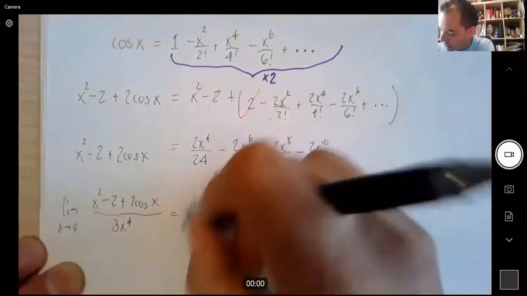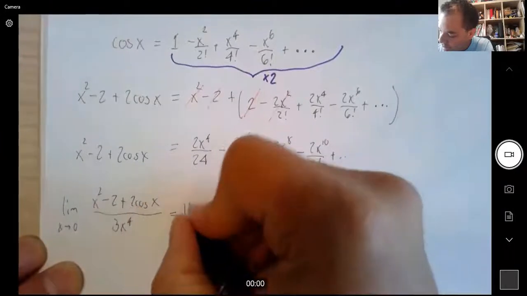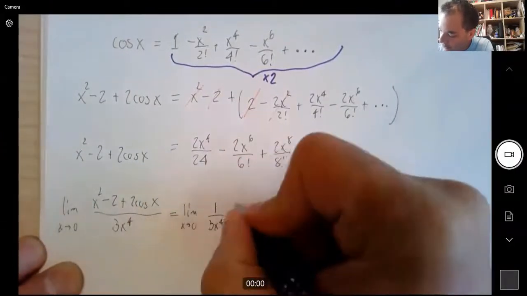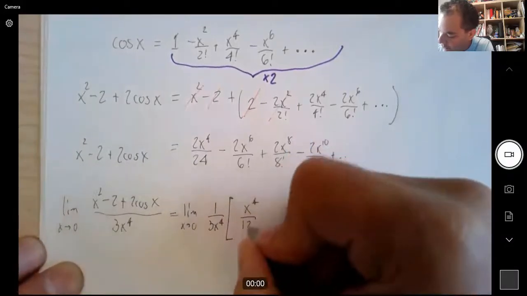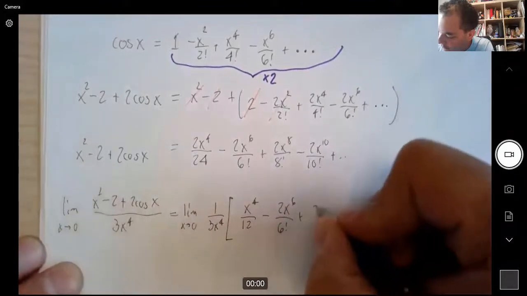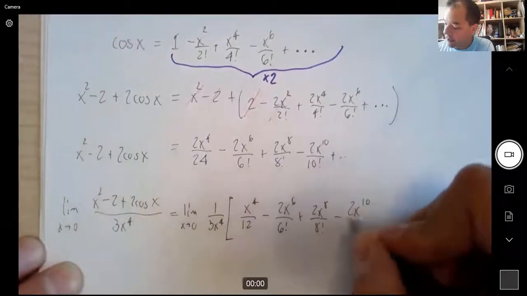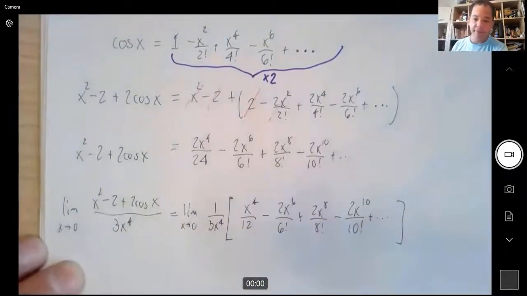Oh, don't forget the limit like I just did right now. 1 over 3x to the 4th times all of these, which is x to the 4th over 12 minus 2x to the 6 over 6 factorial plus 2x to the 8 over 8 factorial minus 2x to the 10th over 10 factorial, etc. Right?